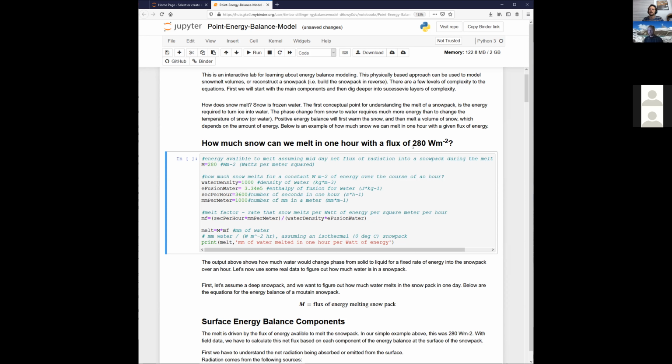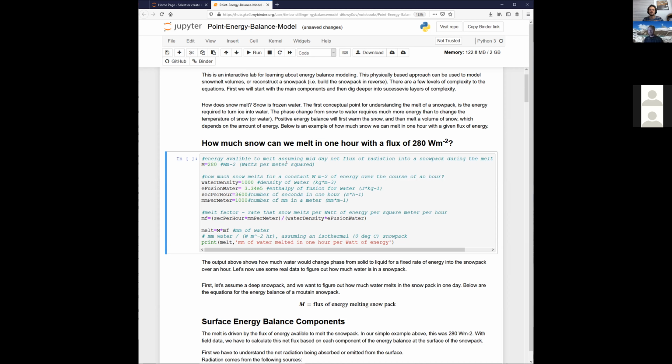The first question in the lab: how much snow can we melt in 1 hour with a flux of 280 watts per square meter? That's about what you would see at mid-latitudes, in the Himalaya or in California, if you went outside on a winter day or a mid-spring day in the middle of the day. That's about how much energy is going into the snowpack at noon on one of those days.